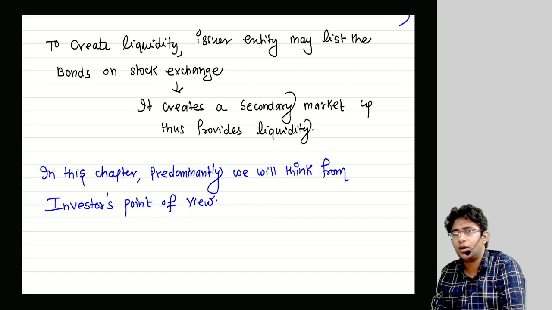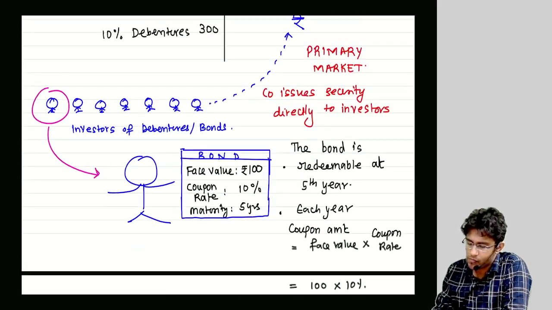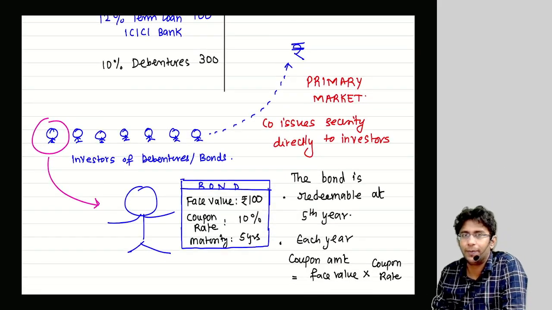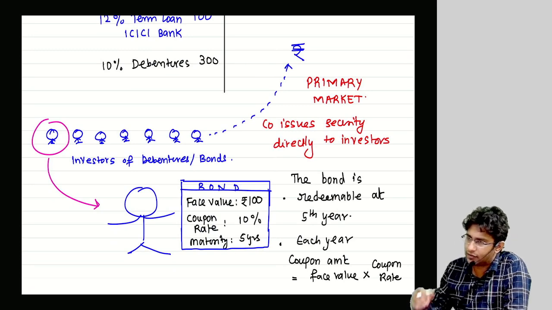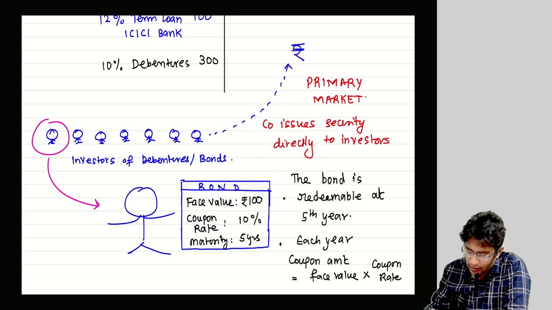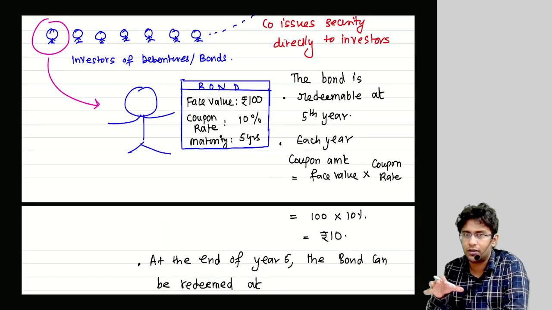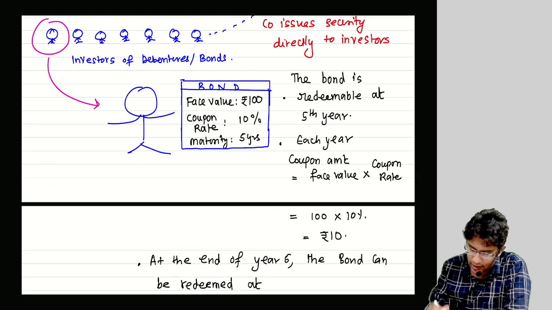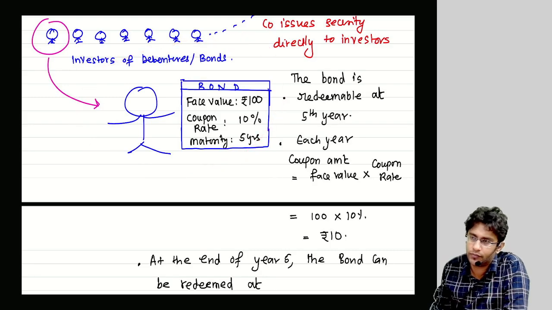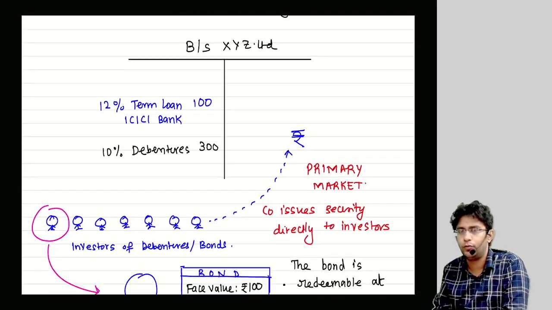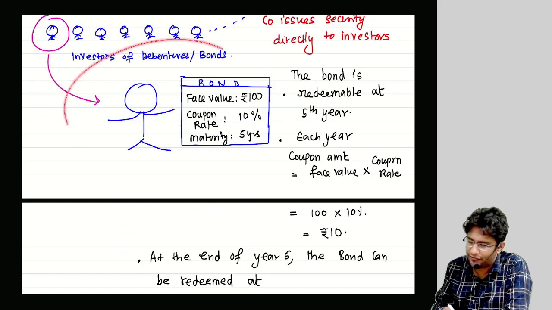So tell me, is a bond an asset or a liability? It depends on for whom. For the company it is a liability, for the investor it is an asset. Now, the entire chapter is constructed in such a way that we do most of the analysis from the investor's point of view. Of course, the company also we will analyze, but mostly it will be from the investor's angle.